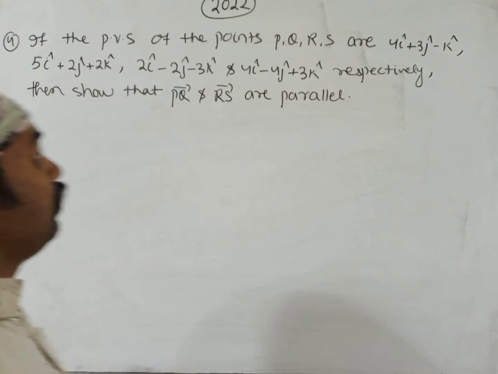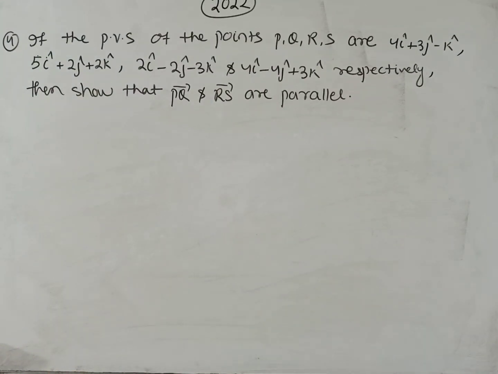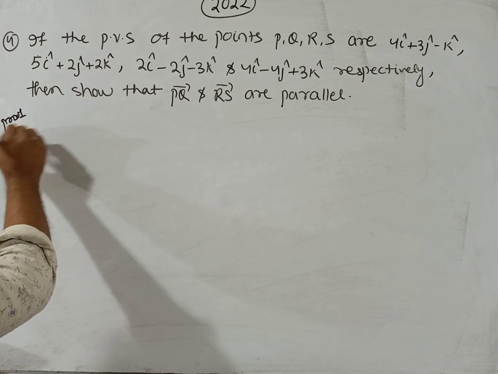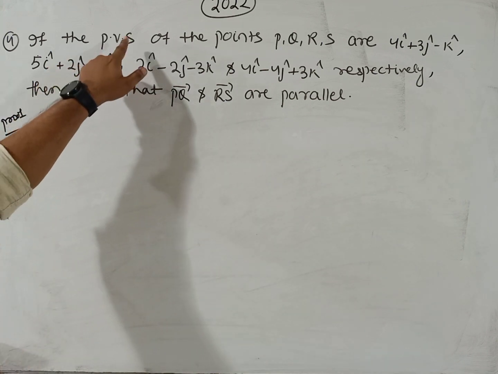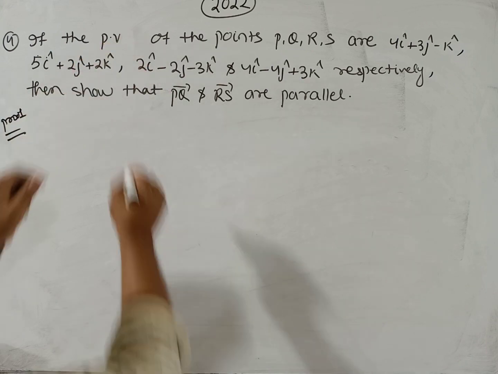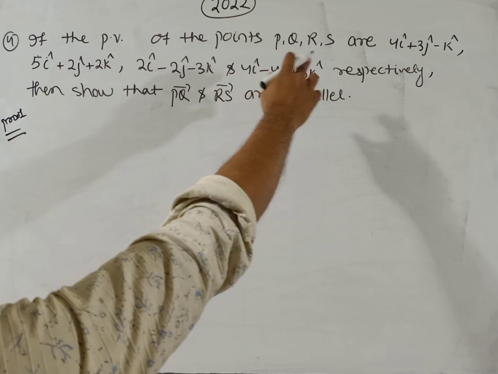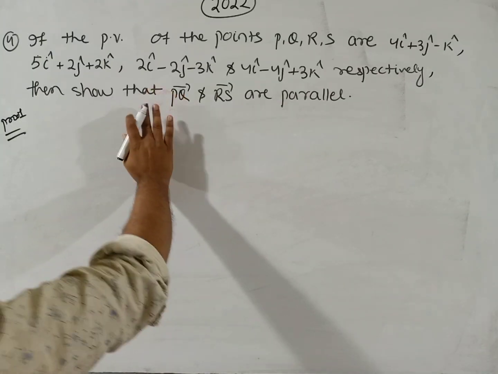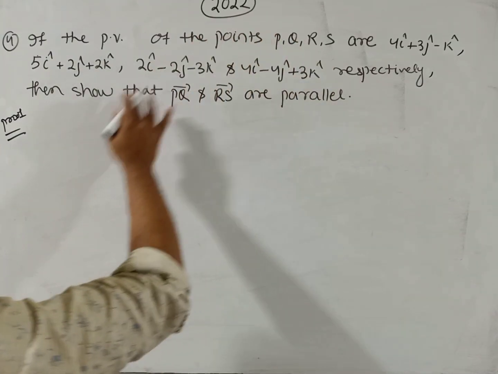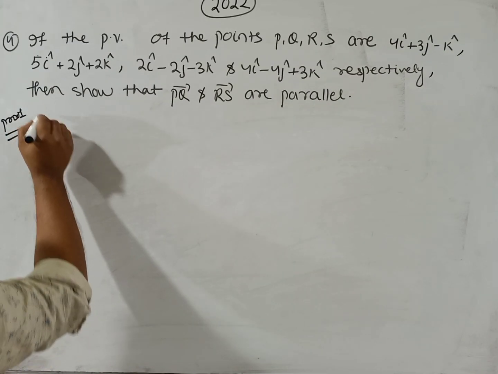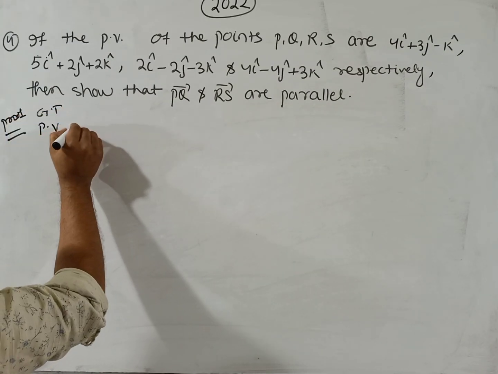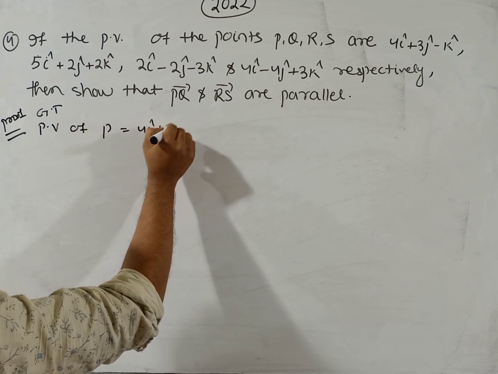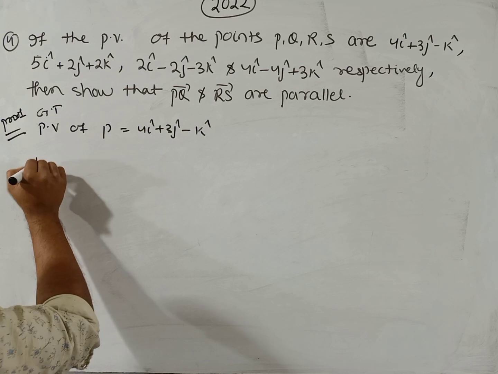Here it is the question from the year 2022. It is given that the position vectors of the points P, Q, R, S are this much respectively, and we have to prove that these two vectors are parallel with each other. Given that position vector of P is equal to 4i cap plus 3j cap minus k cap.